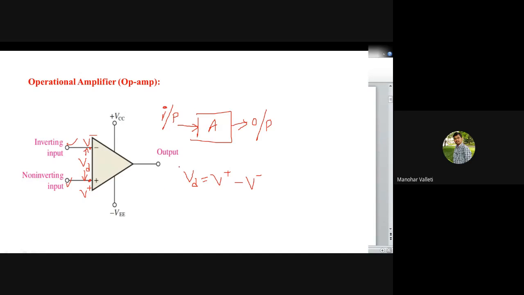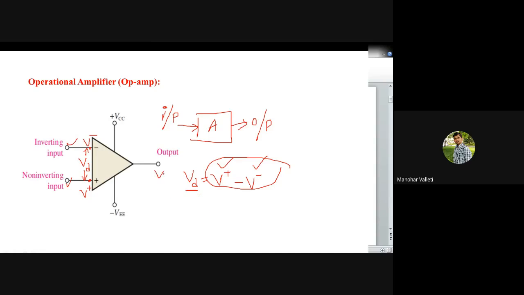So Vd is the difference between V plus and V minus. I'm just assuming some notation, V plus and V minus. This Vd voltage is what effectively appears as input to the op amp.